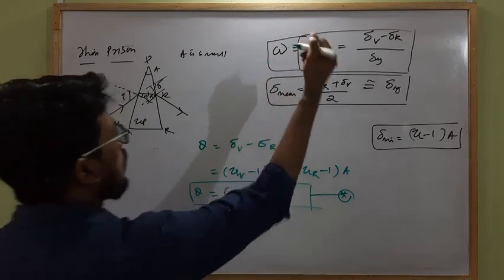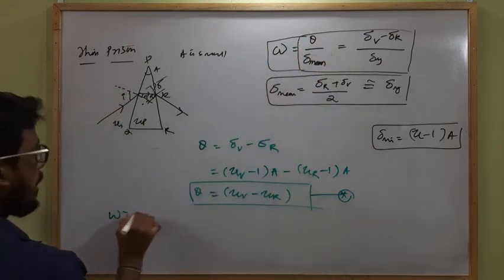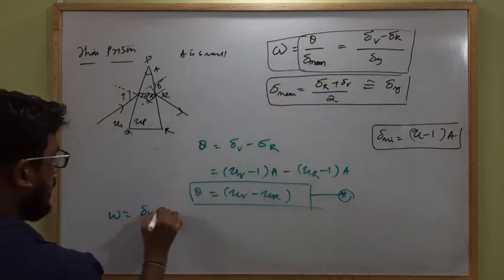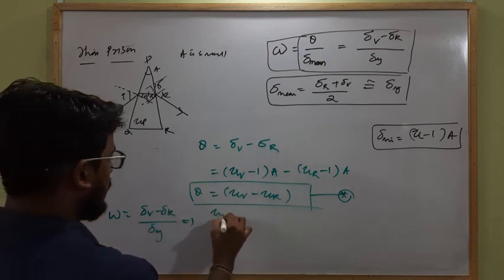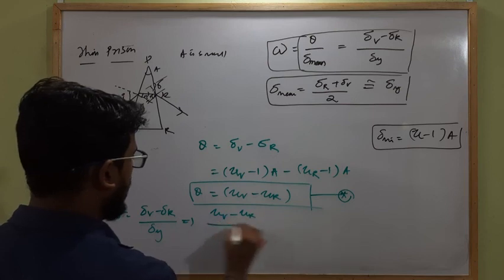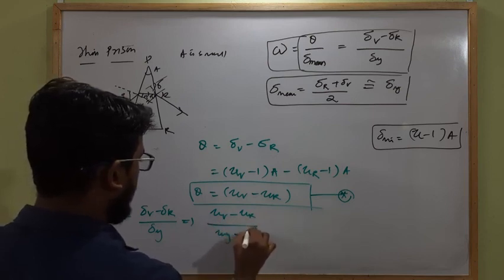Similarly, what is omega? Omega equal to delta V minus delta R by delta Y, so this is equal to mu V minus mu R divided by mu Y minus 1.